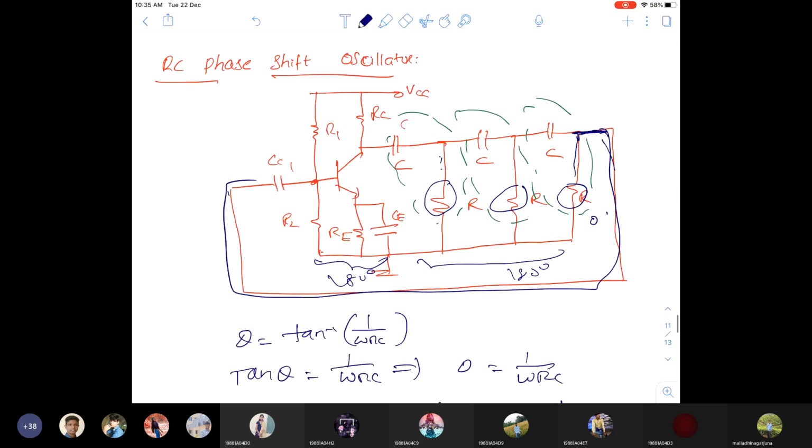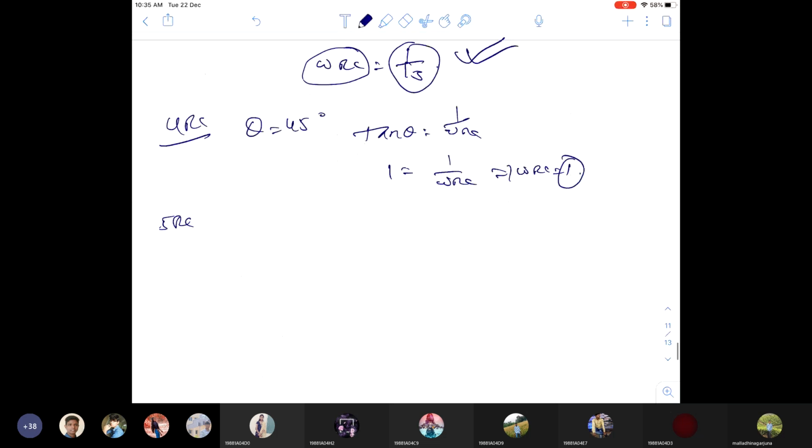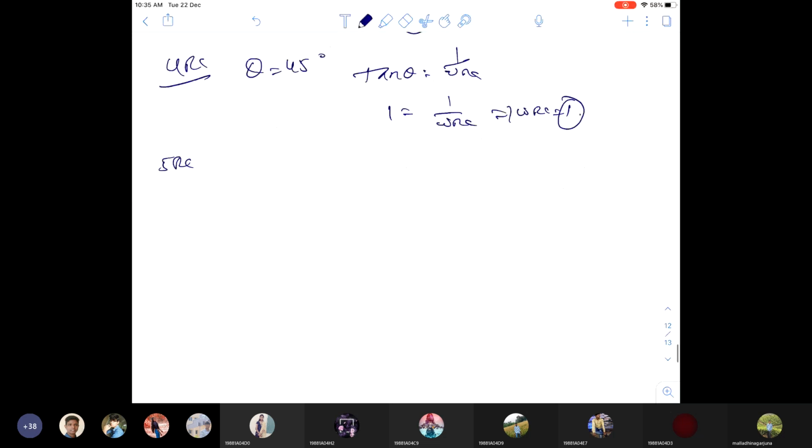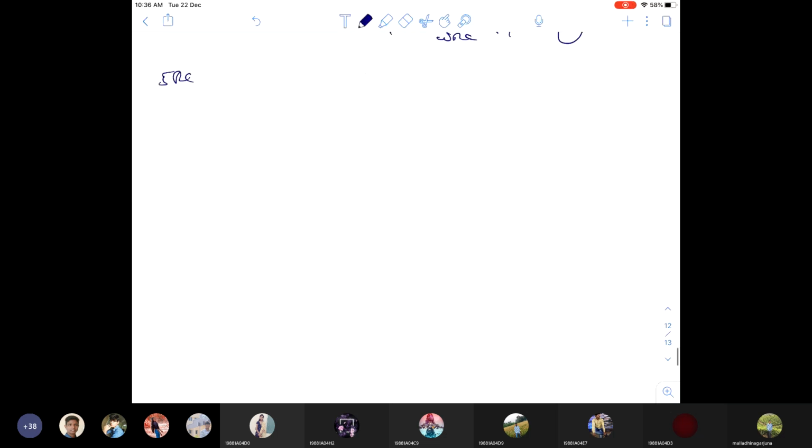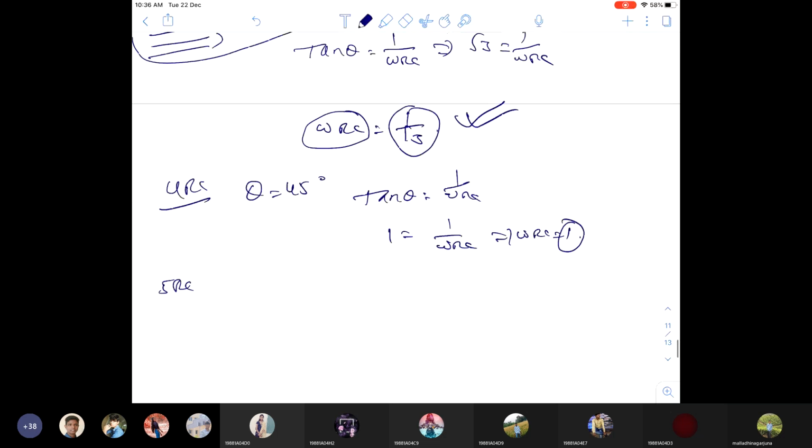Okay, so now let us come to the point. Now redraw the circuit, a simplified version. Replace that transistor with the simplified H parameter model. So now redraw the circuit.